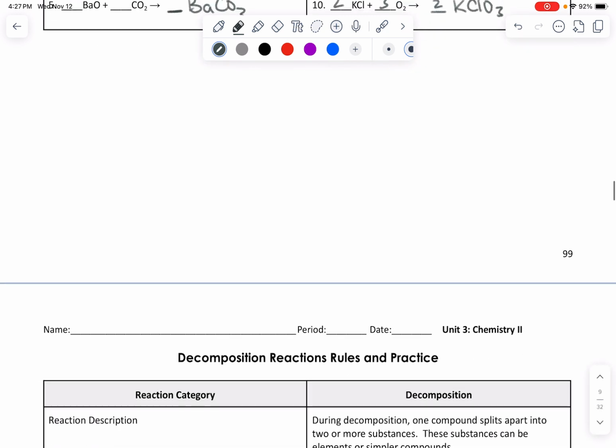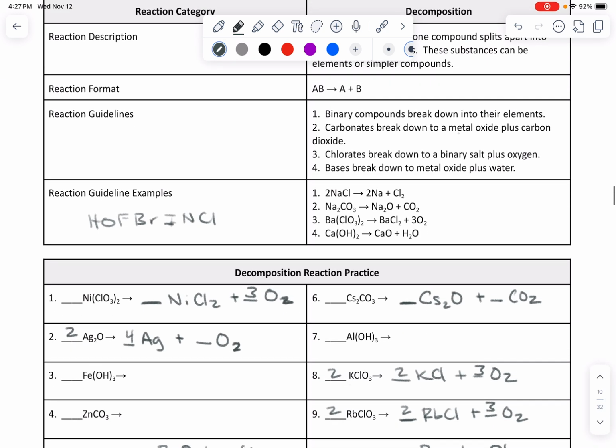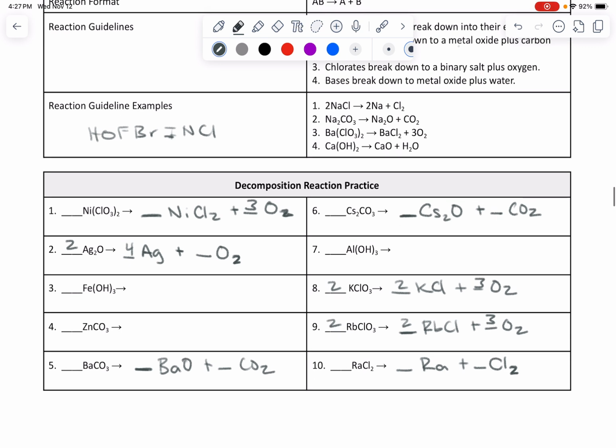All right, last rule, decomp. Exact same thing, just backwards. So our base will break down into a metal oxide plus water. Let's see if we can do an example. Here we have iron 3 hydroxide. I knew that this was iron 3 because I uncrossed, and it will be iron 3 on the other side.